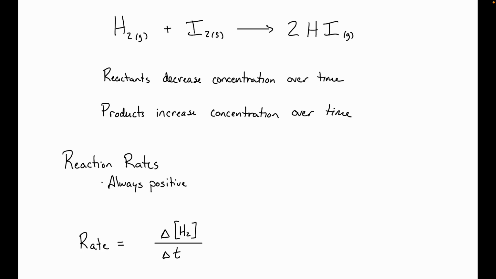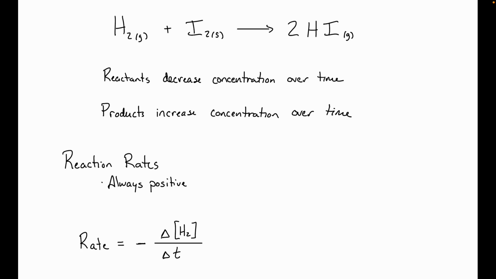But I'm going to have to keep in mind that reactants are always decreasing, and I want this positive value for my rate. So if I'm measuring a reactant, I have to throw a negative sign out front there, right? Because the change in concentration will be negative, so I have to multiply that by -1 to get a positive value.